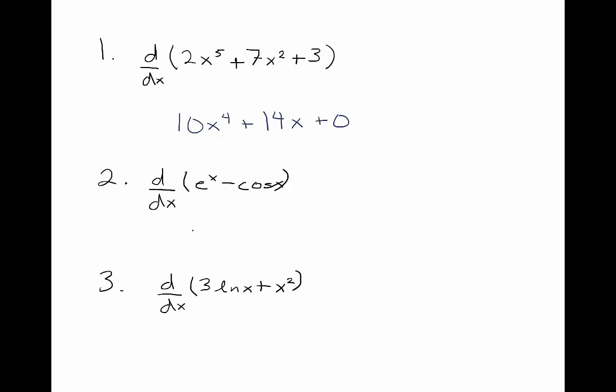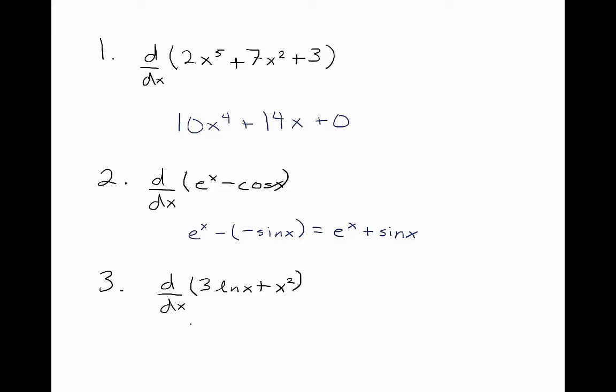We start out, the derivative of an exponential is the exponential. The derivative of cosine is minus sine. So we have e to the x plus sine x. And this is where you have to watch out for sign errors.